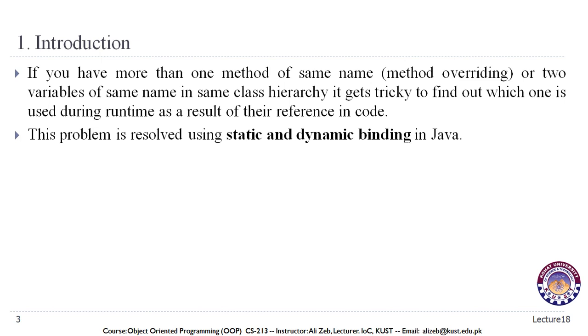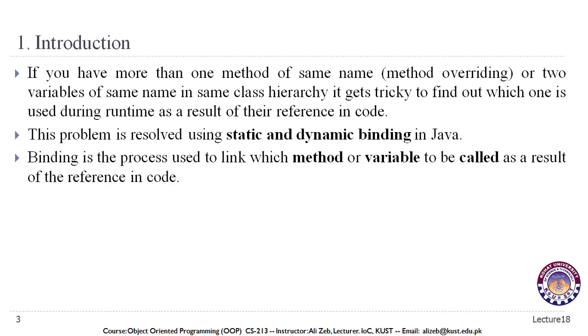We will see in detail with the help of some examples when we know in advance which method will be called or which variable will be accessed, and which methods and variables we are going to access using dynamic binding. Binding is the process used to link which method or variable to be called as a result of the reference in code.